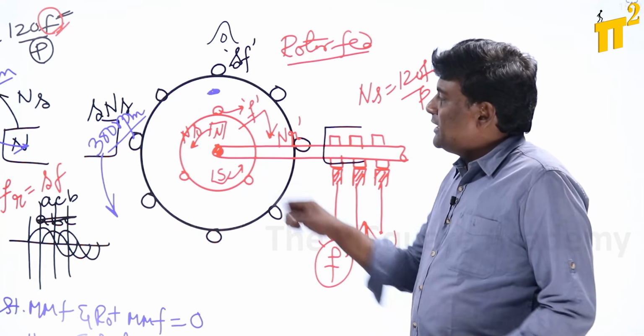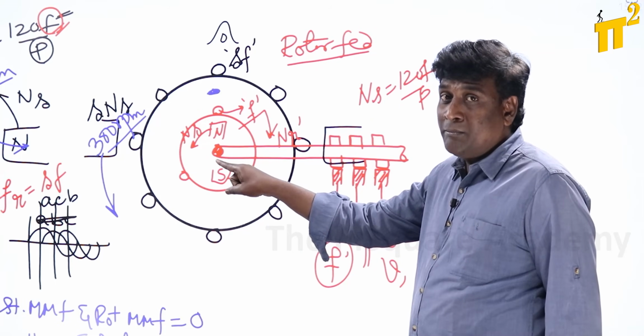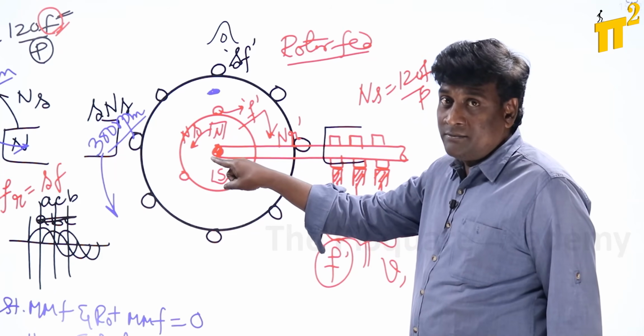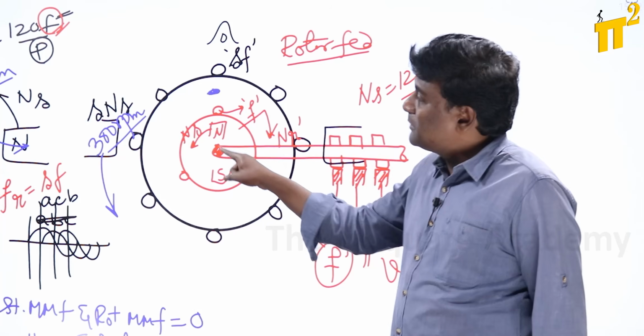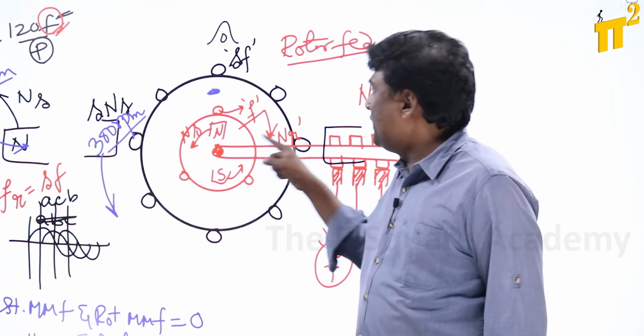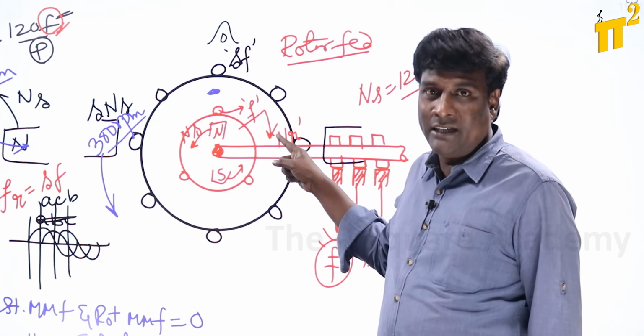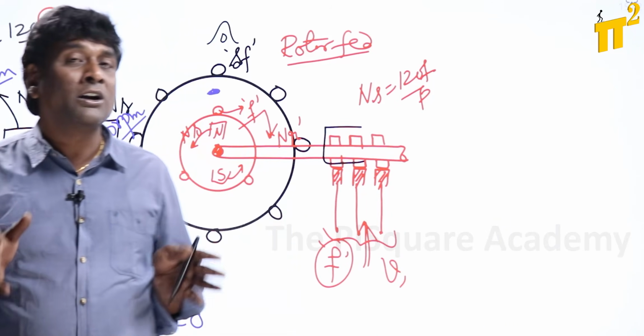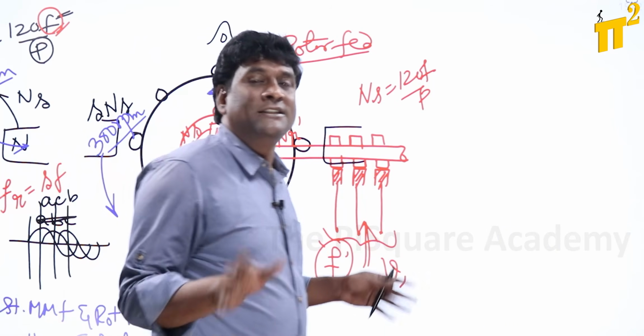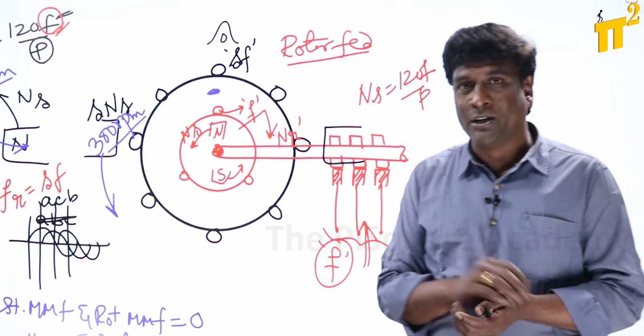See here, my rotor MMF will rotate against the direction of the rotor, and my stator MMF also will rotate against the direction of the rotor; then only will my stator MMF and rotor MMF be stationary to each other. Getting my point, right?